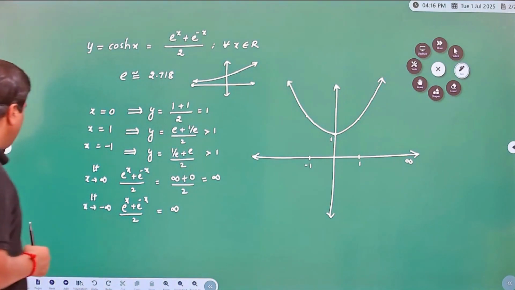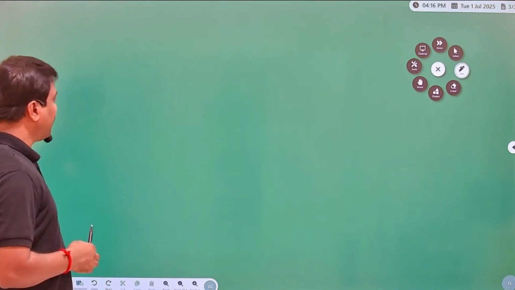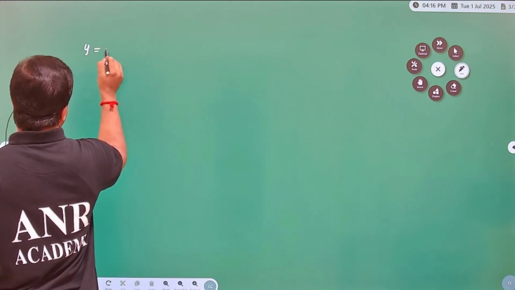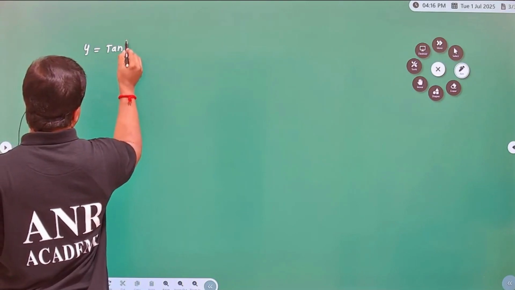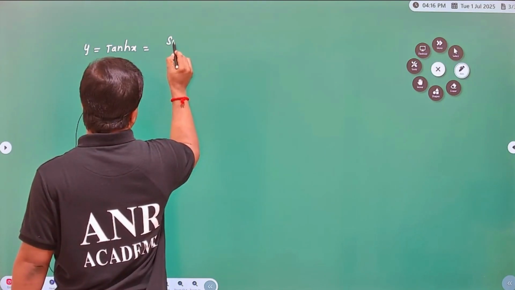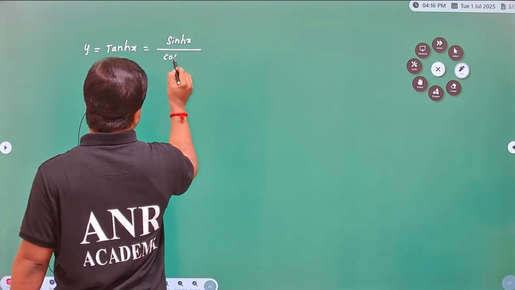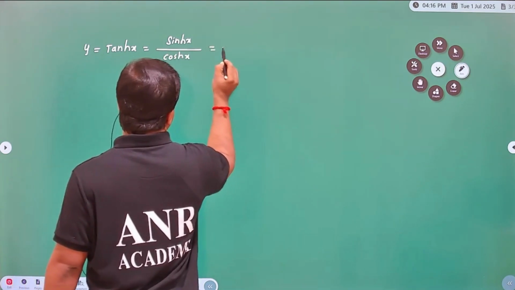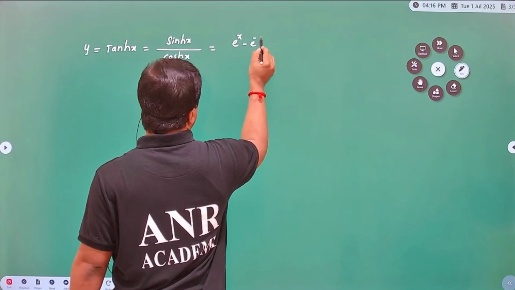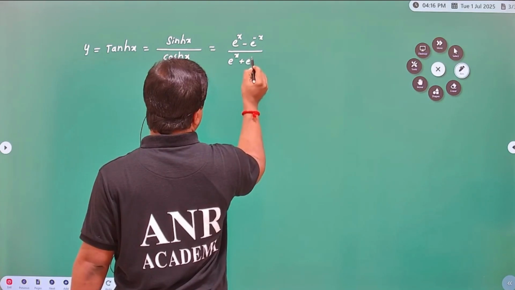Next, let us discuss the graph of tan hx. We know that tan hx is defined by sin hx divided by cos hx. Also you can write e power x minus e power minus x whole divided by e power x plus e power minus x.